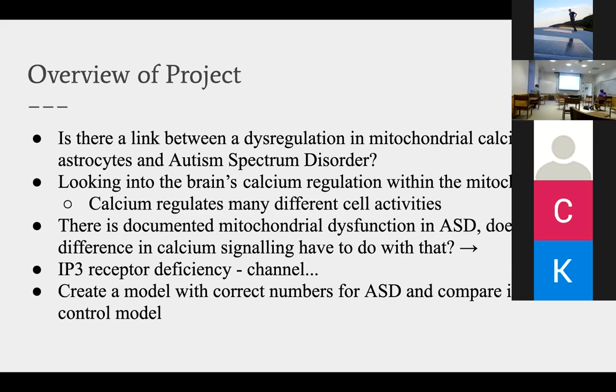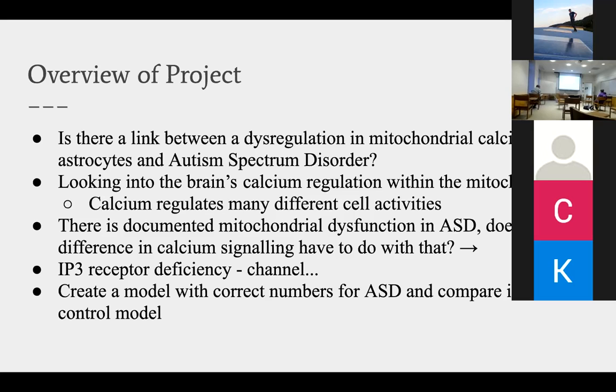And for my project, I was wanting to think maybe if there's a link in the dysregulation of calcium within the mitochondria, in our astrocytes in our brain, and autism spectrum disorder, and how the signaling and differences in that signaling can cause or lead to autism.